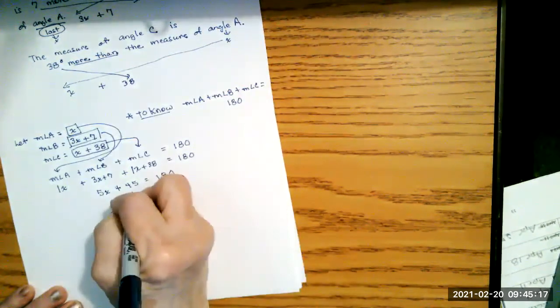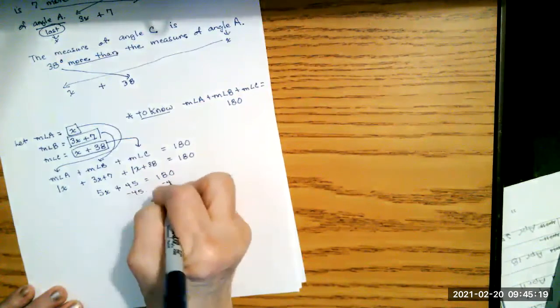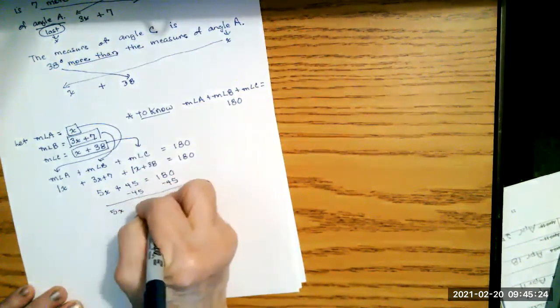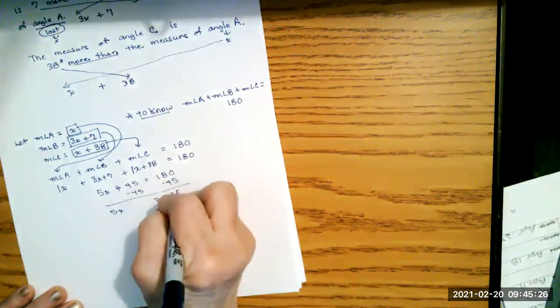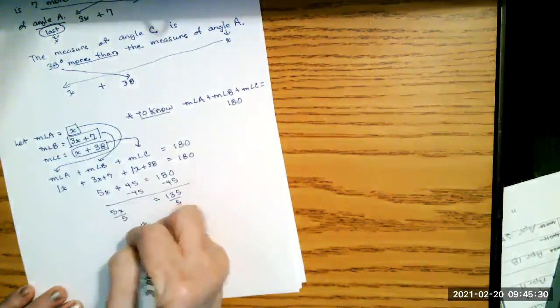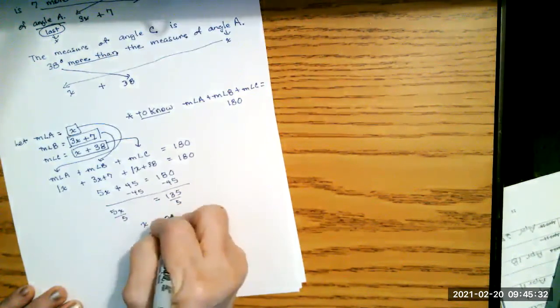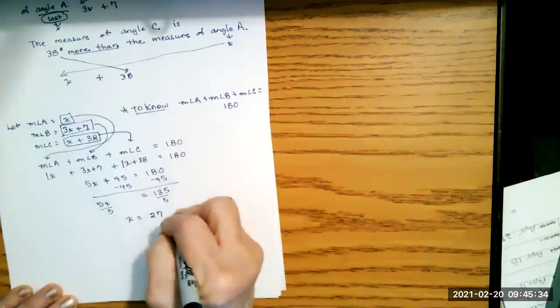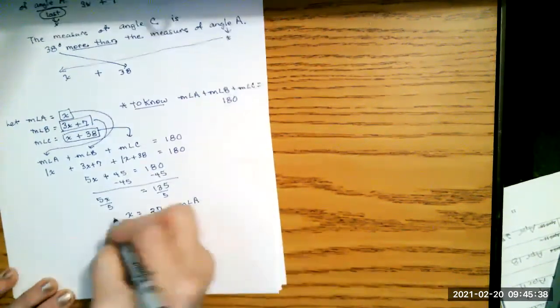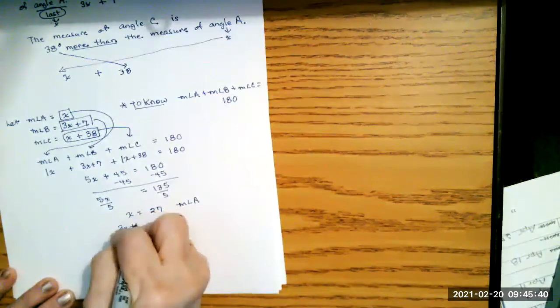Now I have to subtract my 45 from both sides. And I have 5x equals 135. Divide both sides by 5. And you have x equals 27. I let x be my measure of angle A, so that's going to be that answer. Then I have 3x plus 7.